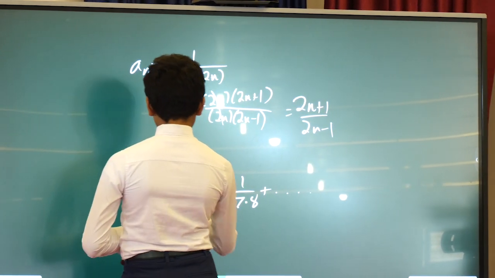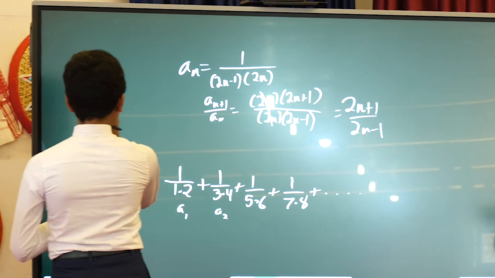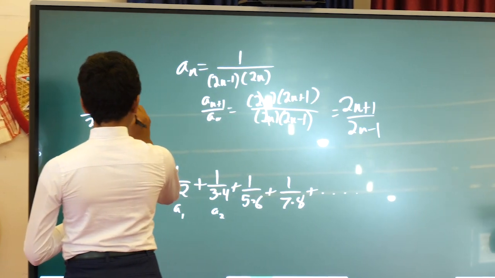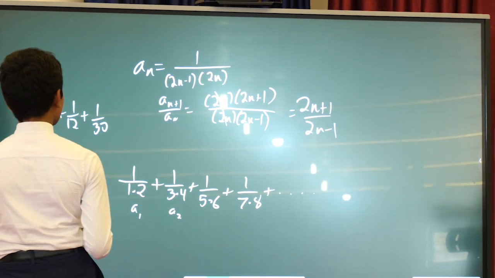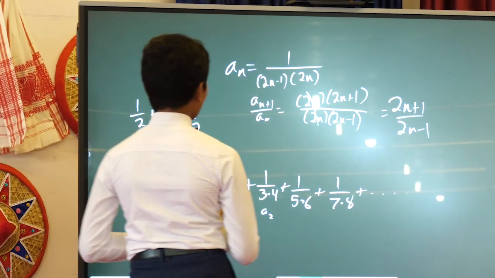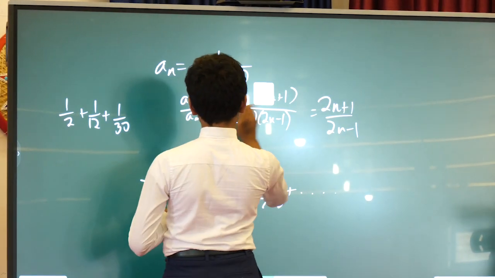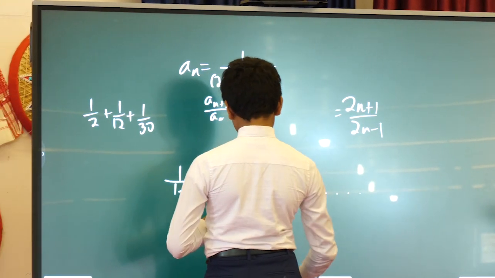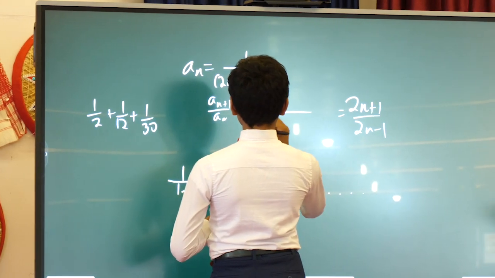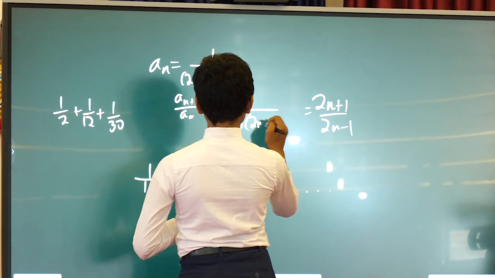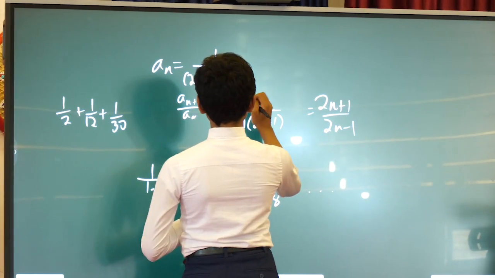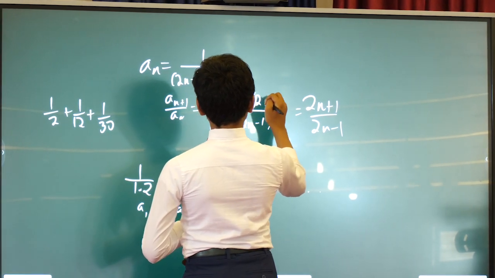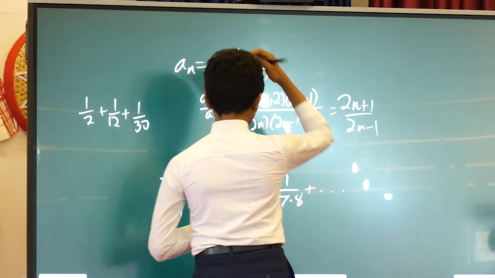So let's see. We have 1 over 2 plus 1 over 12 plus 1 over 30, so on and so forth. And so, oh crap, I'm dumb. Very clearly. Okay, so this is going to be 2n times 2n minus 1 times 2n plus 2, 2n plus 1. But wait, that makes it even greater.